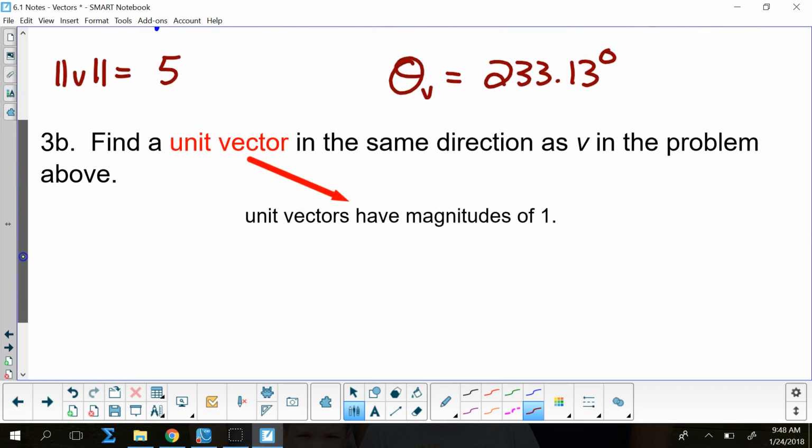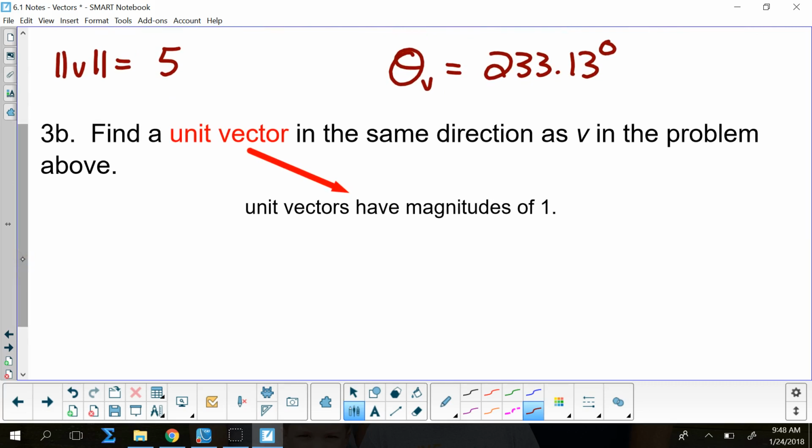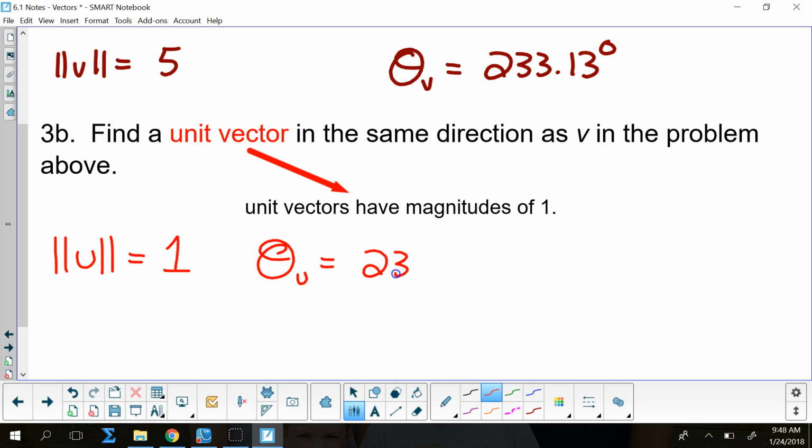So let's call this one u. The magnitude of u is 1. The direction of u is 233.13 degrees. Okay?